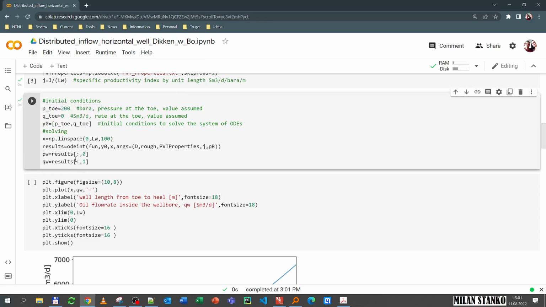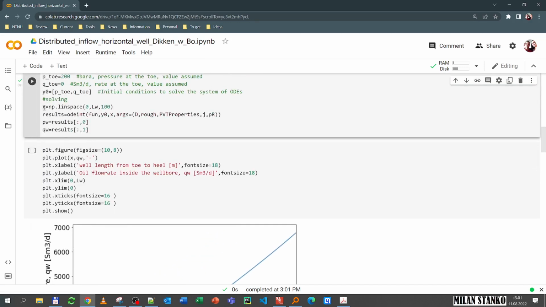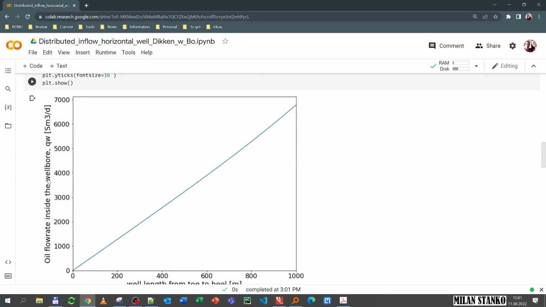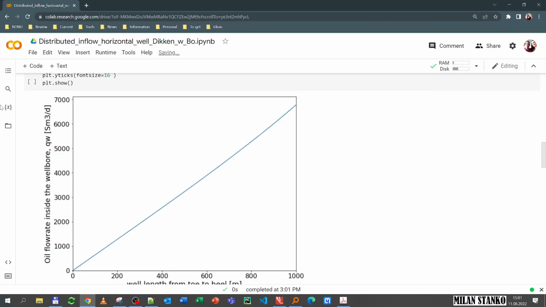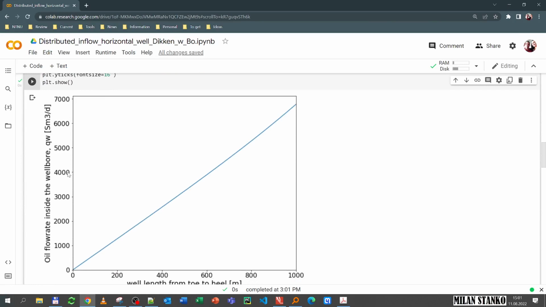Now it's solved, and now I'm plotting. I want to plot along the distance, along this X that I set, how the Q oil is inside the wellbore. I call it here QW, but in reality it should be QO,W. It was already run, so it's a bit cheating, but it tells you initially 0, and then at the heel it's going to be the full rate of the well, which is something below 7,000 standard cubic meters per day.